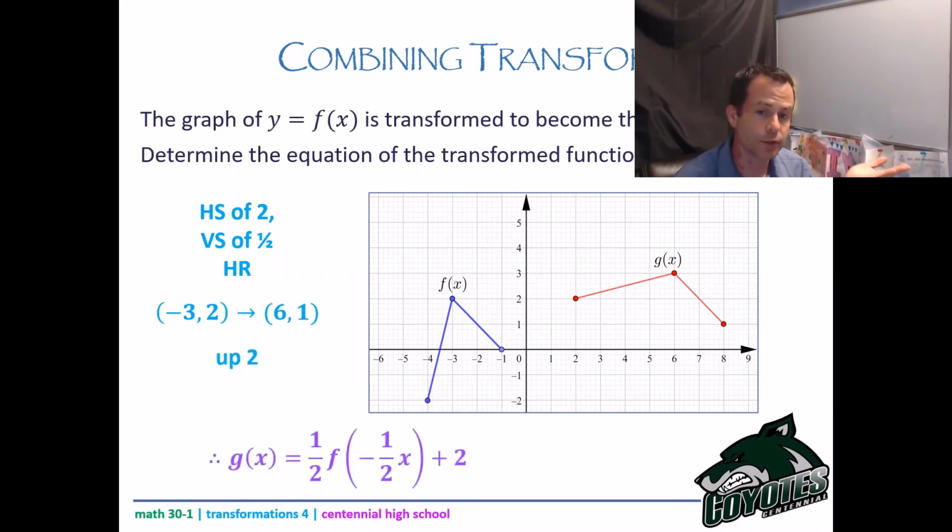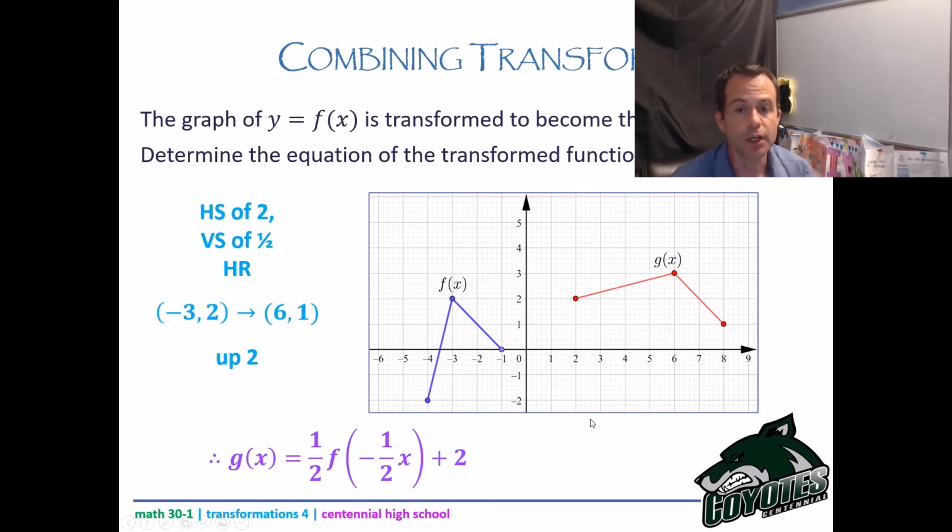So my final result is going to be, this is the transformation equation. This describes the transformations, okay? So g of x equals 1/2 f of -1/2 x plus 2. I've shown my horizontal stretch of 2, I've shown my horizontal reflection, I've shown my vertical stretch of 1/2, and I've shown that I can go up by 2, okay?